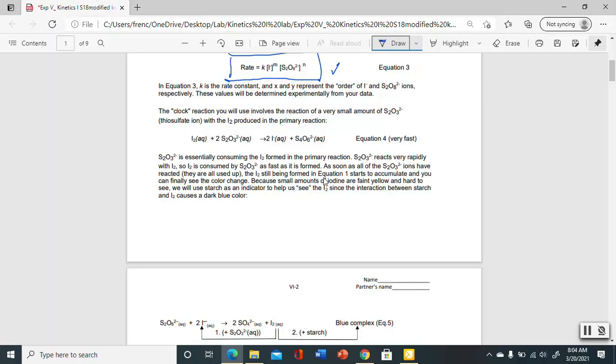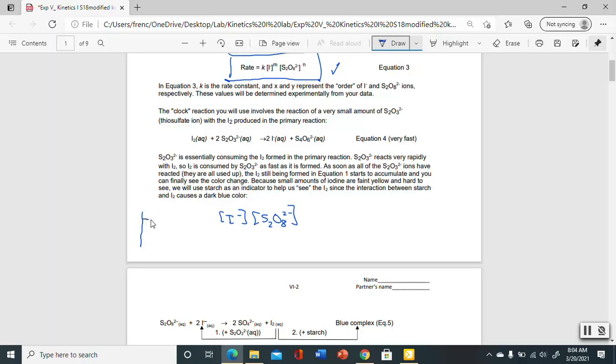So this is fairly straightforward. We've done this a million times, and the rate of appearance seems to be a fairly easy thing to do. So what we need to do is extend that time that it takes for the iodine to appear. So here, if we had our starting time and we had a certain concentration of iodide and a certain concentration of persulfate, let's say we have 3 of them.